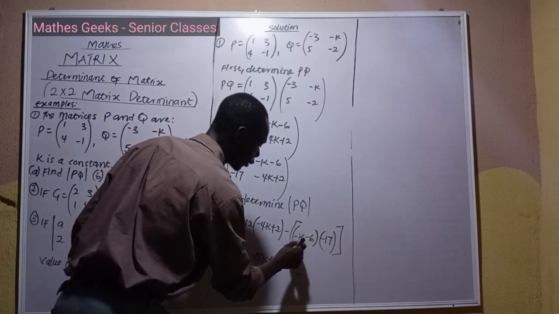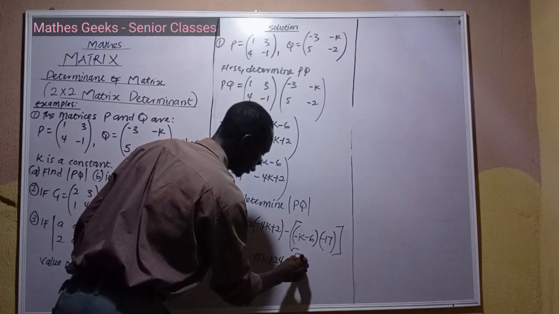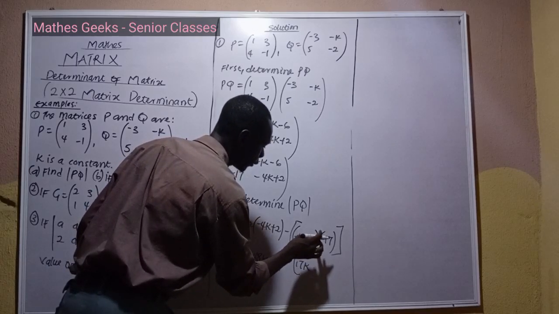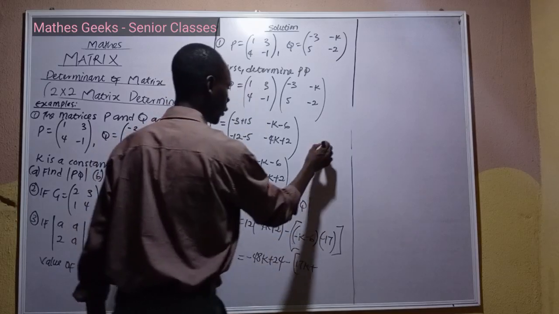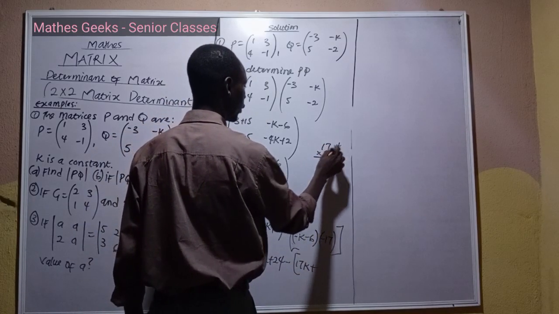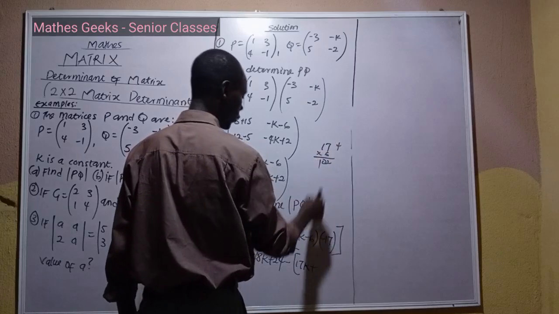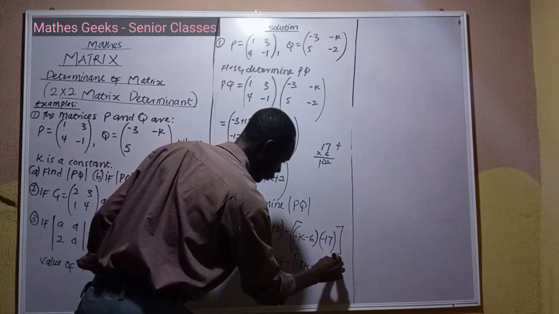Minus, let's simplify this bracket, minus 17 times minus k gives us 17k. Minus times minus is plus. 17 times 6 is 102.